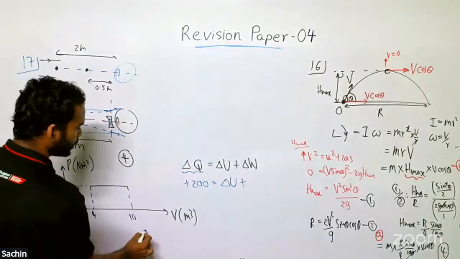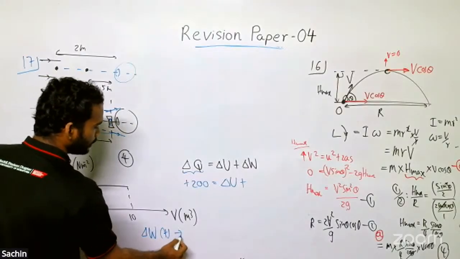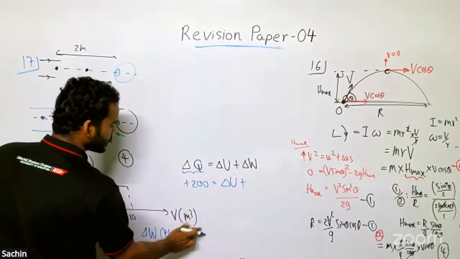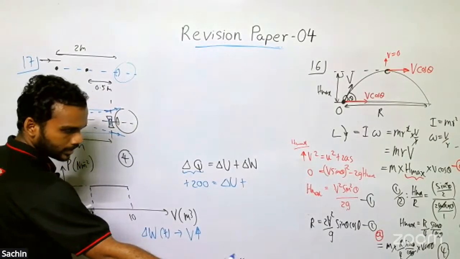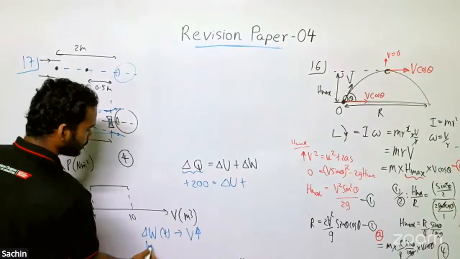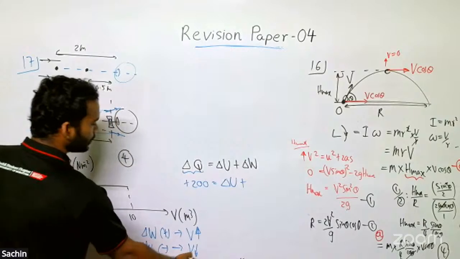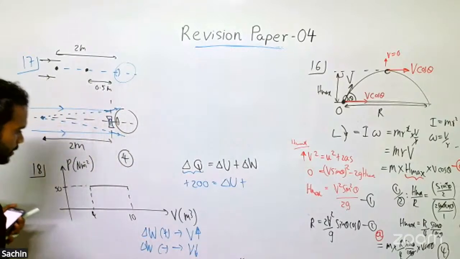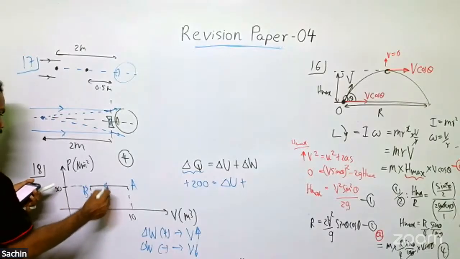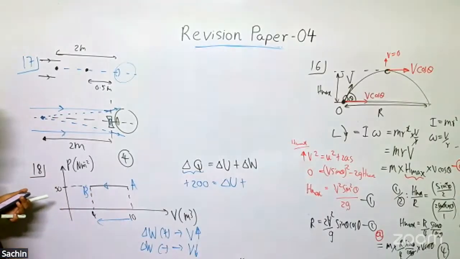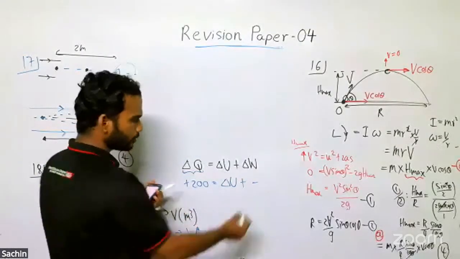Remember, in thermodynamics, the work done is positive only when the volume increases. If the volume decreases, then the work done is negative. In this case, when going from state A to B, the volume decreases. So the work done should be negative here.